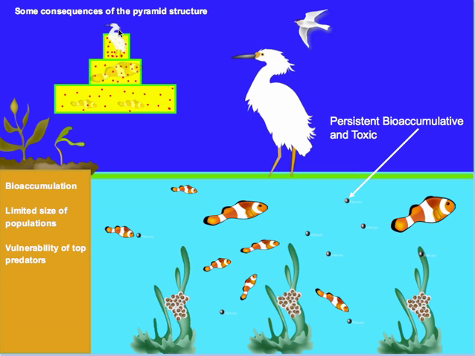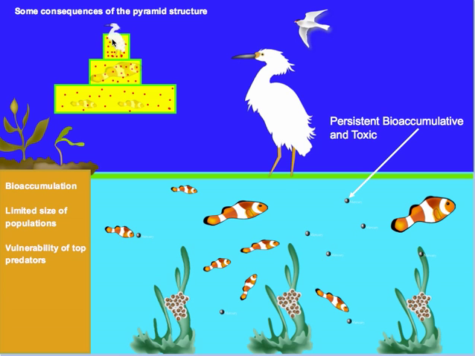So therefore the amount of energy gets less, as we've seen, because there are losses in accordance with the law of entropy. The consequence of that pyramid shape is that a smaller population can be supported at higher trophic levels, and the higher you go, the amount that can be supported is even less.